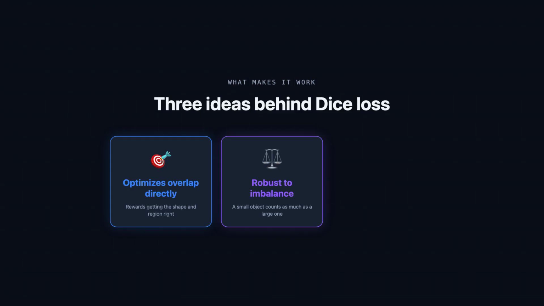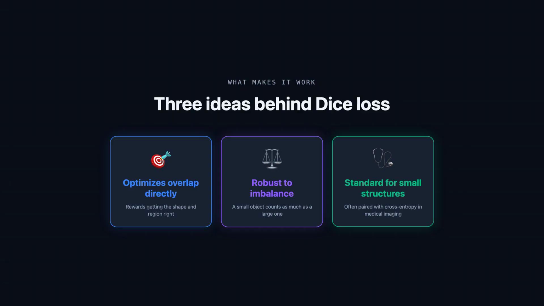The endless background can't drown out a thin vessel or a small lesion anymore. Third, it became the standard for small structures, especially in medical imaging where finding a thin vessel or a small lesion really matters. It's frequently combined with cross-entropy for more stable training, giving you the shape sensitivity of dice together with the smooth, well-behaved gradients of the pixel-wise loss.